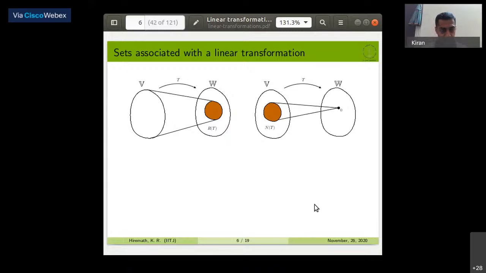We all know the definition of the range of T. Range of T is nothing but you collect all the images of elements of V. Range of T is a subset of W. Now, help me, which version of saying this is right? Range of T is a subset of W, or range of T is a subspace of W?